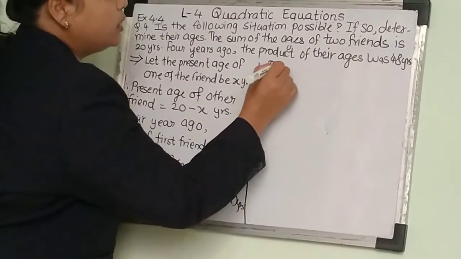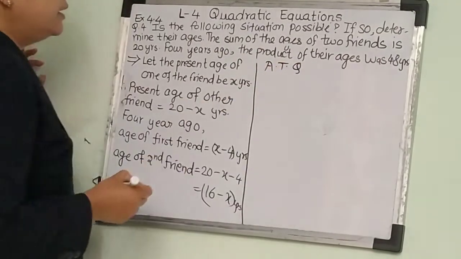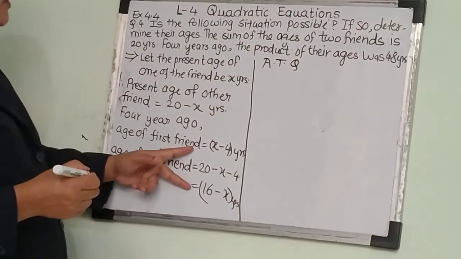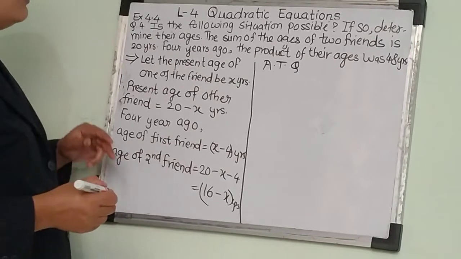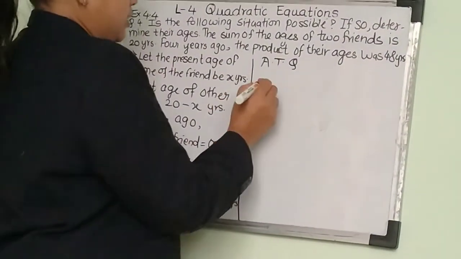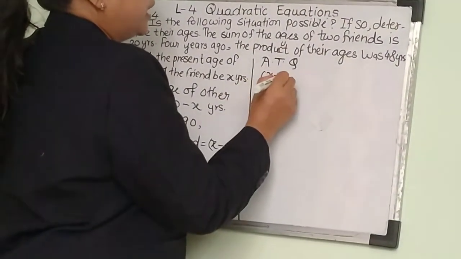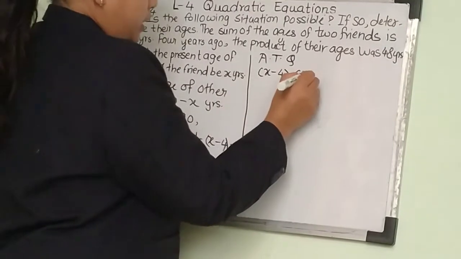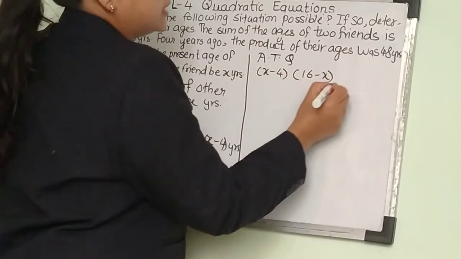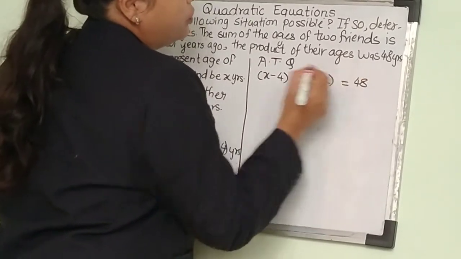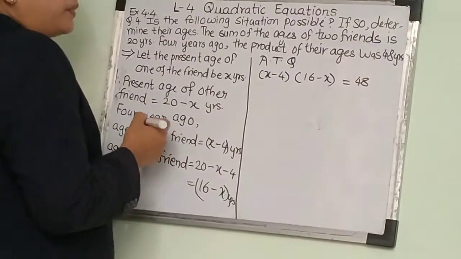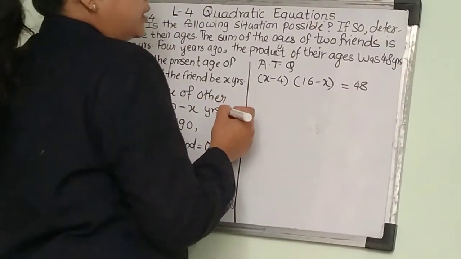Now according to the question, the condition given is the product of these ages was 48 years. So we can multiply x minus 4 into 16 minus x equals 48.